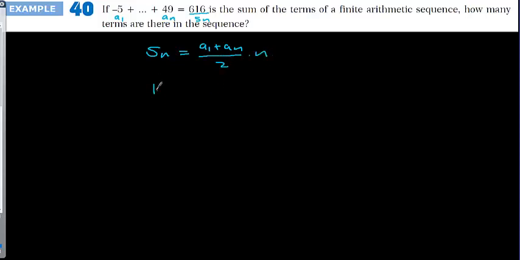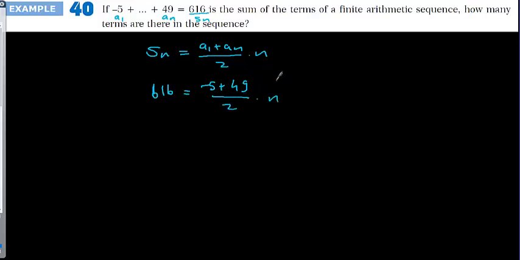So 616 is equal to A1, which is minus 5, plus An, which is 49, over 2 times n.